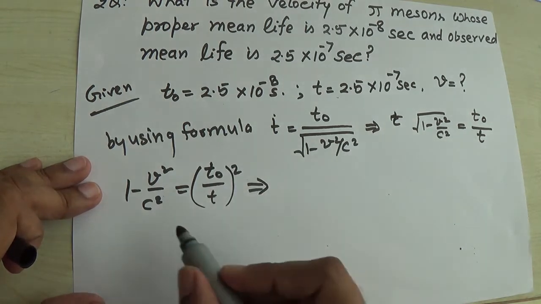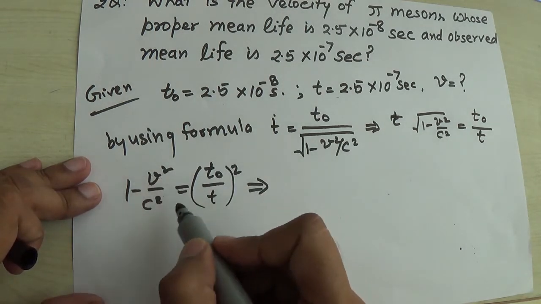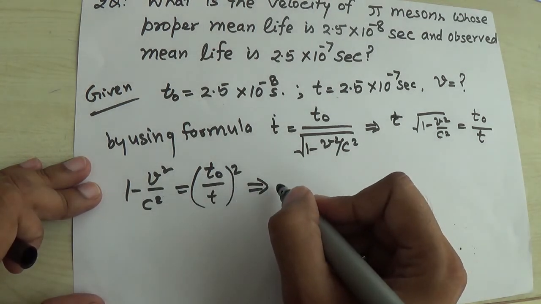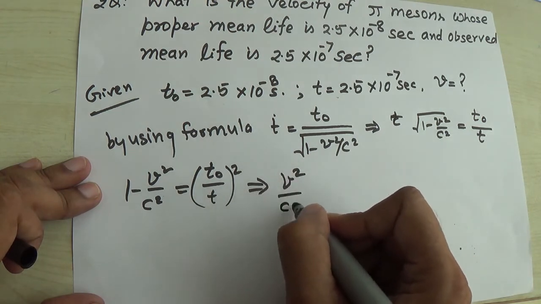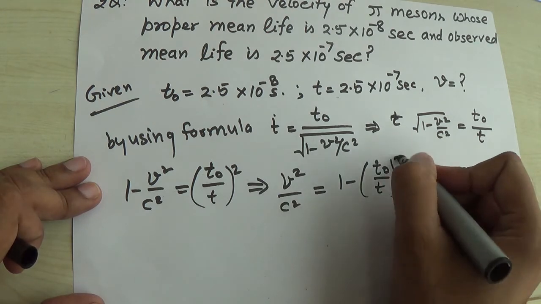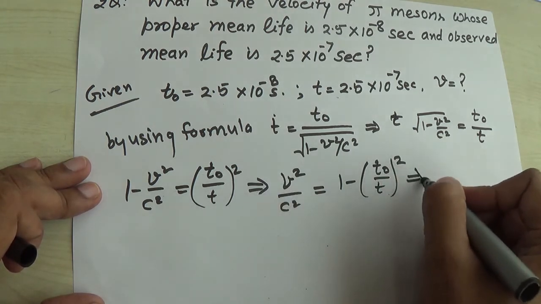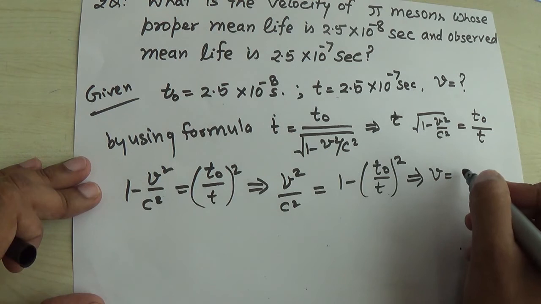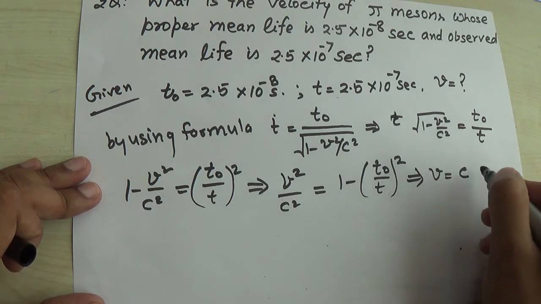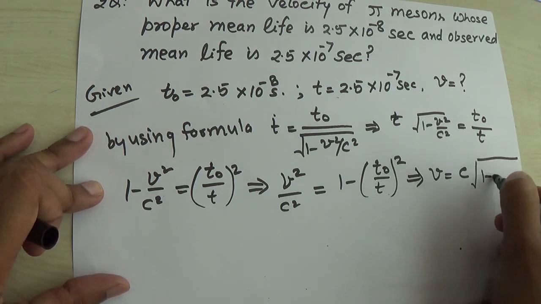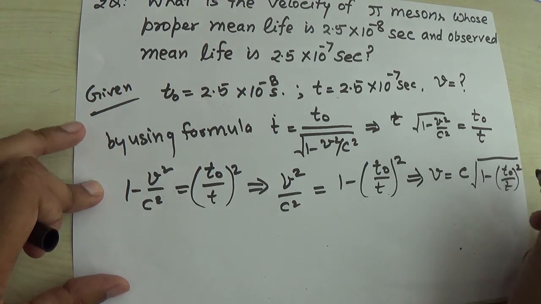And further we have to find out the value of v, so v square upon c square is equal to 1 minus this t naught upon t whole square, and further v is equal to c times the square root of 1 minus t naught upon t whole square, right?